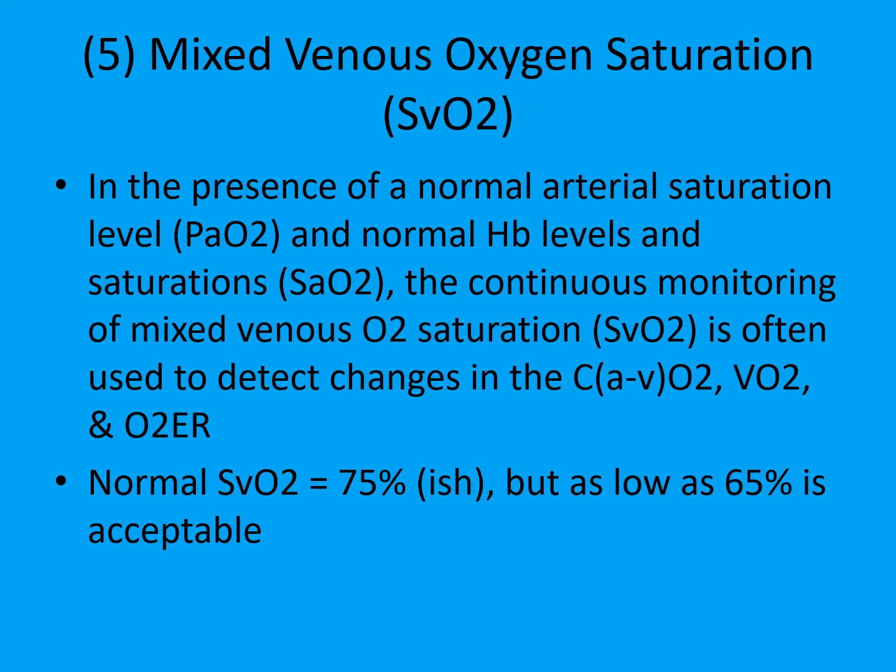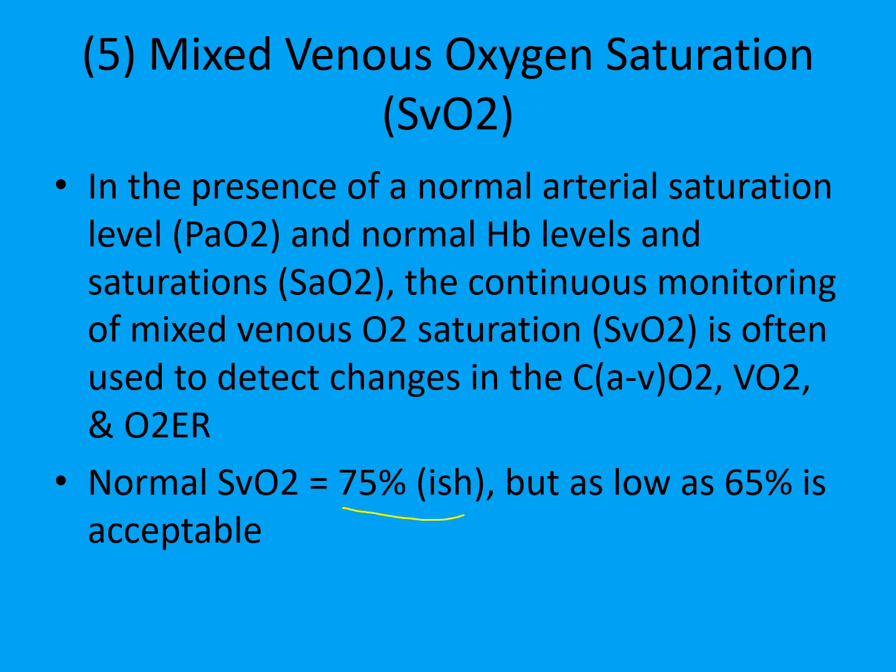In the presence of a normal saturation and normal hemoglobin levels, the continuous monitoring of venous oxygen saturation can detect changes in your A to V gradient, your consumption, which is the VO2, and your extraction ratio. So in other words, one of the things that we can do at the bedside, instead of calculating all these things continuously, like every 4 hours or 6 hours on a very, very sick patient, would be just to look at their venous saturations.